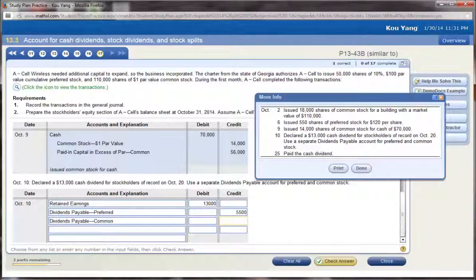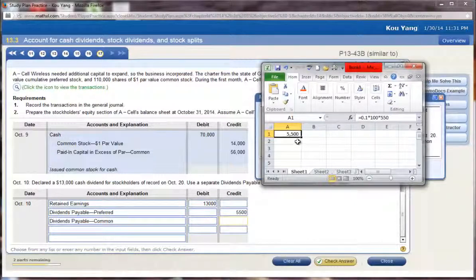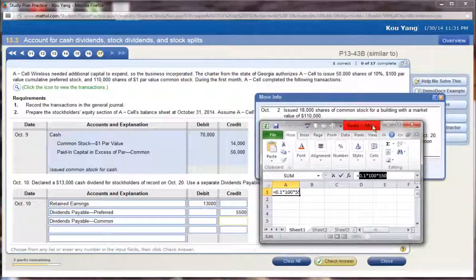Then the rest goes to common stock. So see what I did here? I took 10%, which is the 10% for cumulative preferred stock. It's paying out 10% dividend on the par value, which is 100 par, and we had 550 shares issued so far, which equals 5,500, and the rest then goes to common stock.